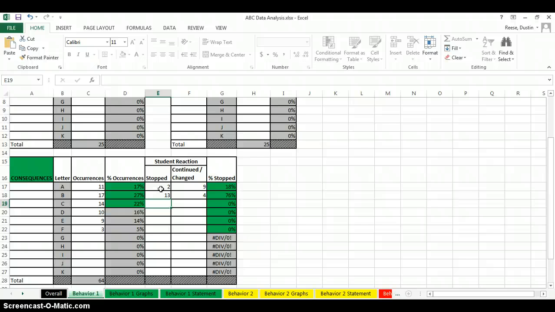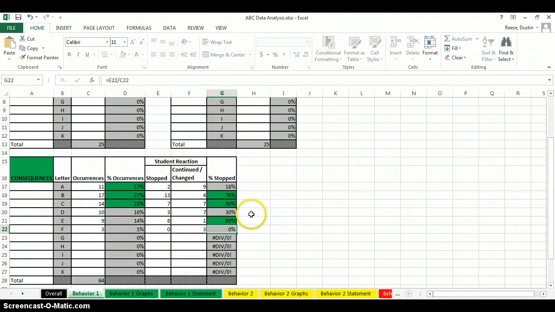For C, it stopped at 7 times and continued 7 times. For D, it stopped at 3 times and continued 7. For consequence E, it stopped at 8 times, continued once. And then for F, it stopped at 0 times, continued 3 times.